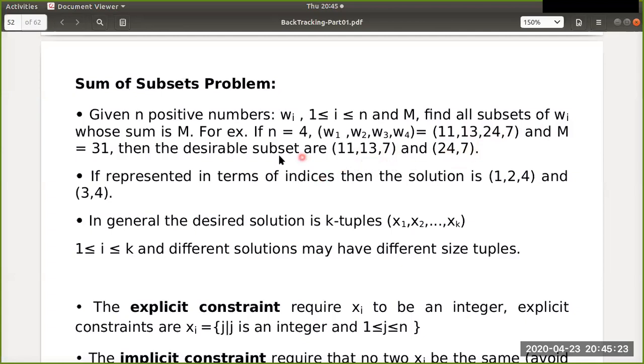We can represent the solution using indexing: 1, 2, 4, that is the first, second, and fourth item weights, and the second one is 3 and 4. Another way is representing with binary values.